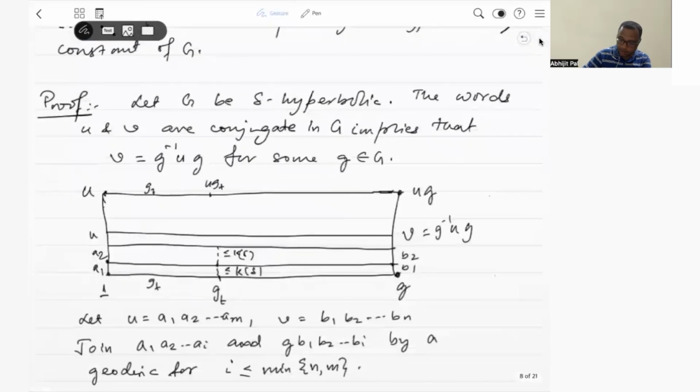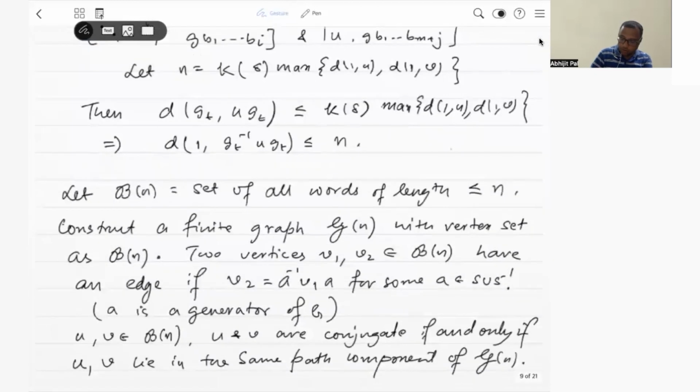To get such an x, what will we do? We'll construct another finite graph, as follows. Let us take Bn to be the set of all words of length less than or equal to n.